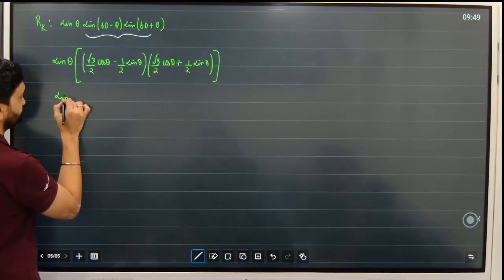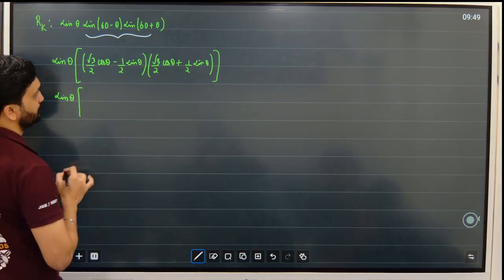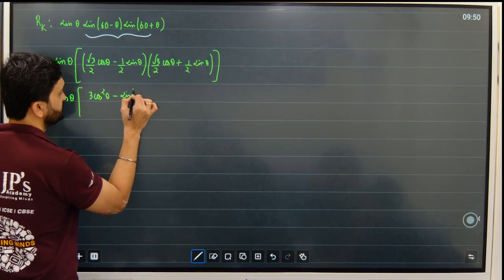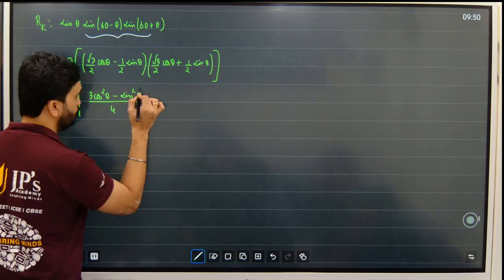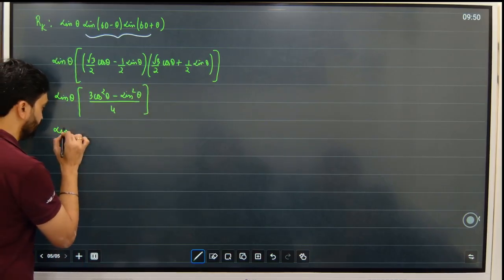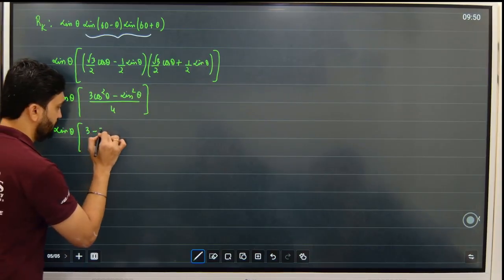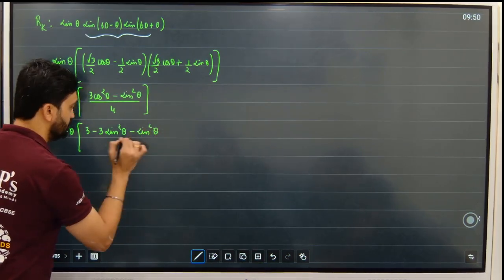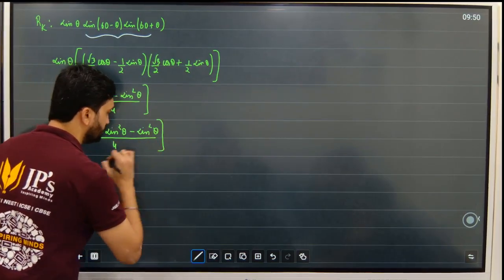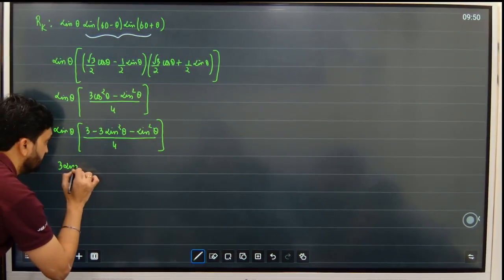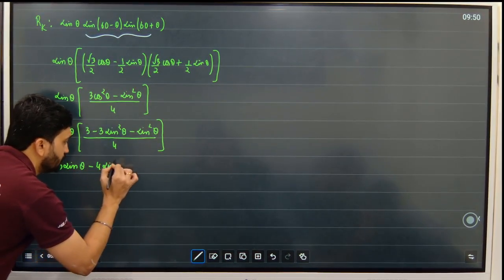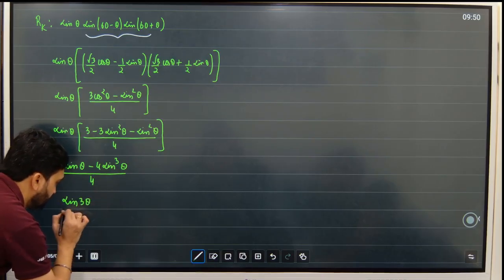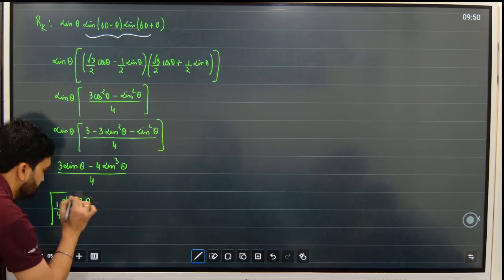It looks like (a minus b)(a plus b), which will become a square minus b square upon 4, which looks like (3 minus 3 sin square theta minus sin square theta) upon 4, which looks like (3 sin theta minus 4 sin cube theta) upon 4, which is nothing but sin 3 theta upon 4. So the answer is 1 by 4 sin 3 theta.